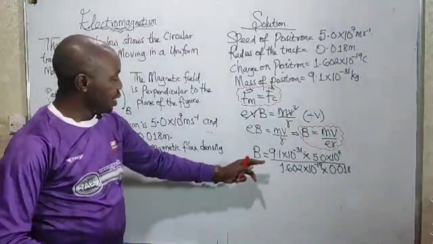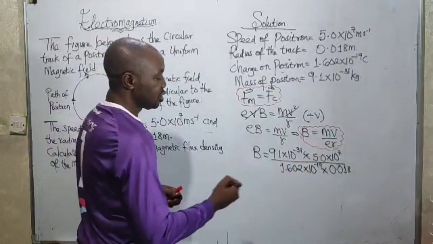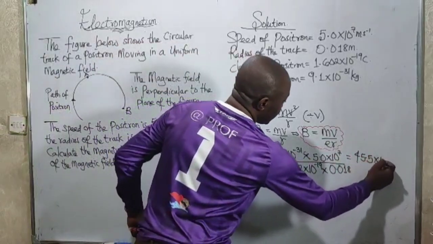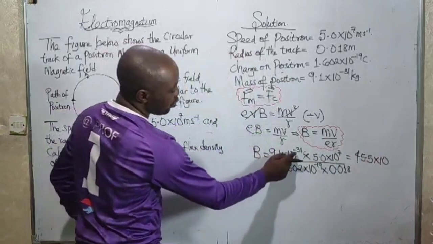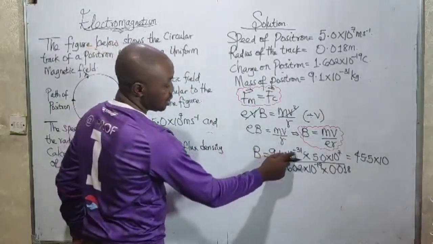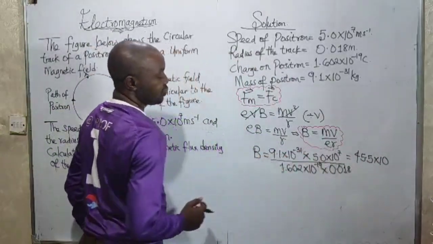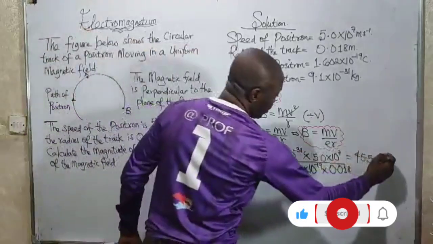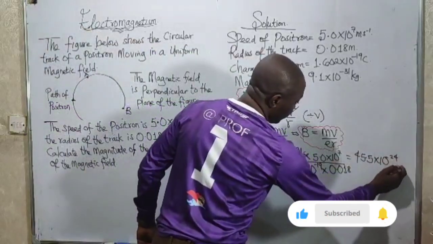Let's multiply 9.1 by 5.0, that is 45.5. Combining the powers of 10, minus 31 plus 7 is minus 24.